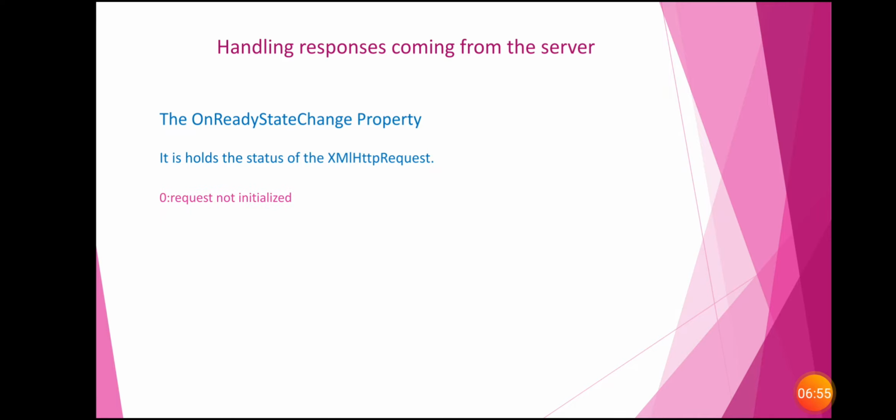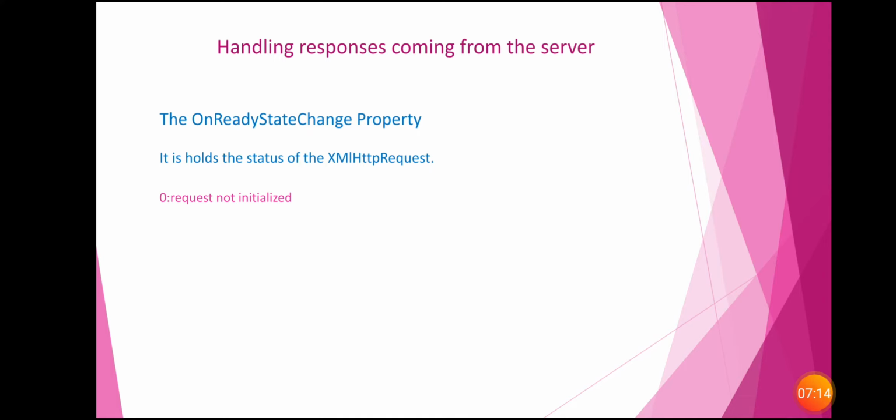The onreadystatechange property defines a function to be executed when the readyState changes. You can call it an event. So every time the readyState property changes, this event is triggered and this function is executed.